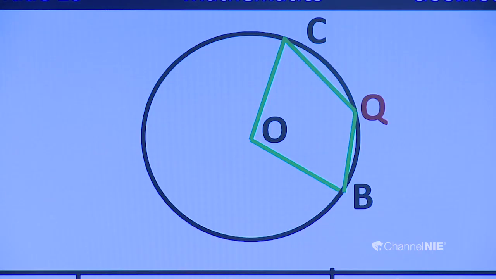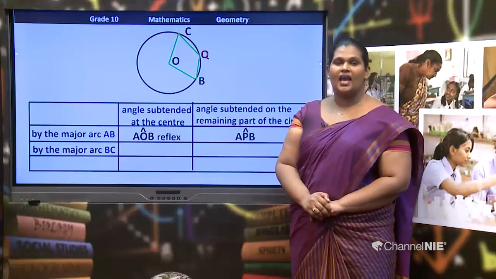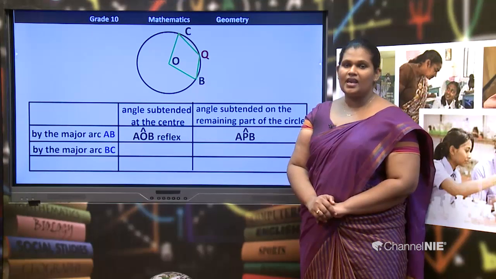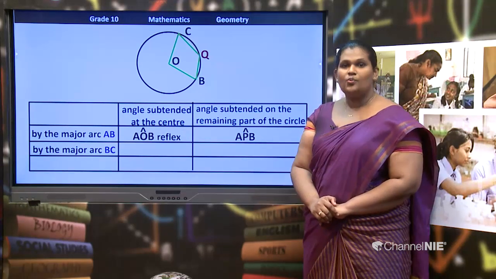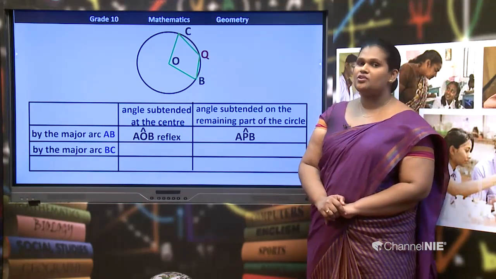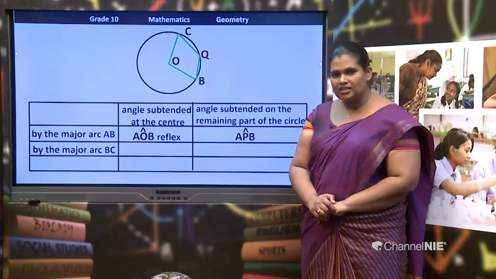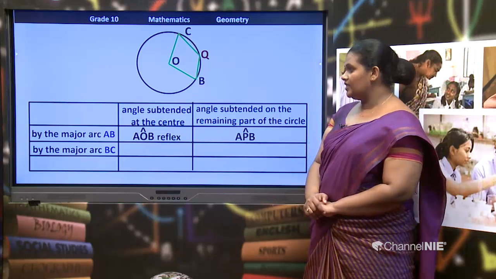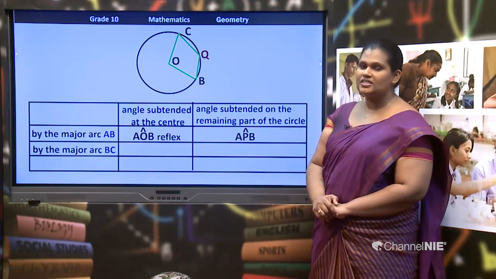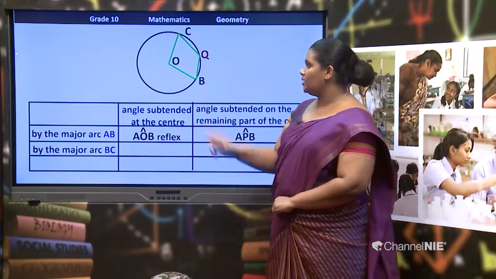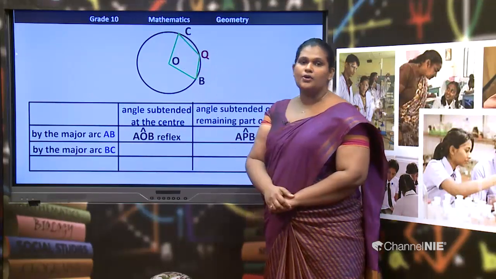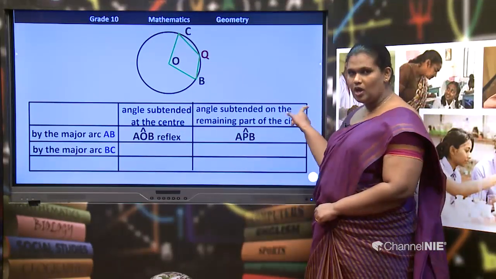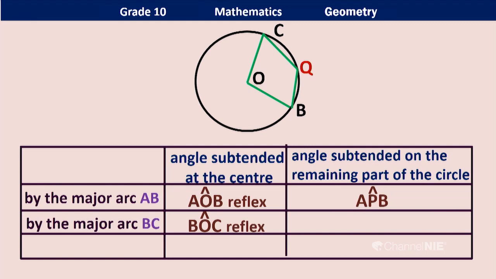BOC. But once again, when I say the angle BOC, we can consider two angles. One angle is less than 180 degrees and the other angle is a reflex angle. Now, here in this occasion, we have to consider the reflex angle BOC. So, we have to mention that as well.